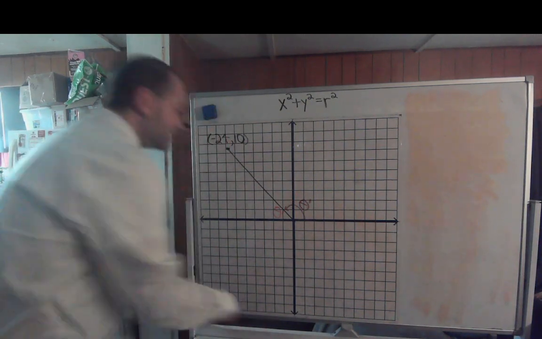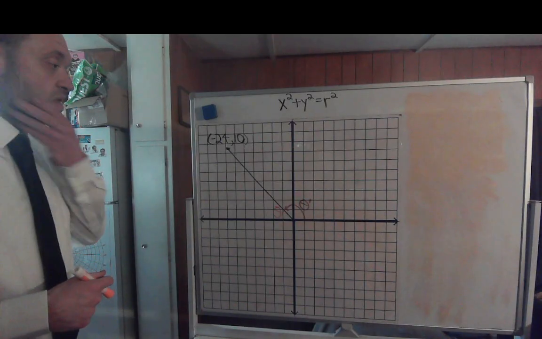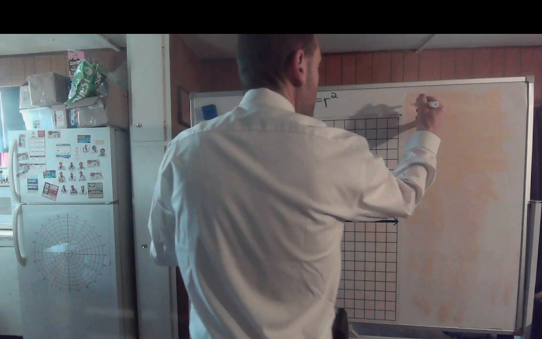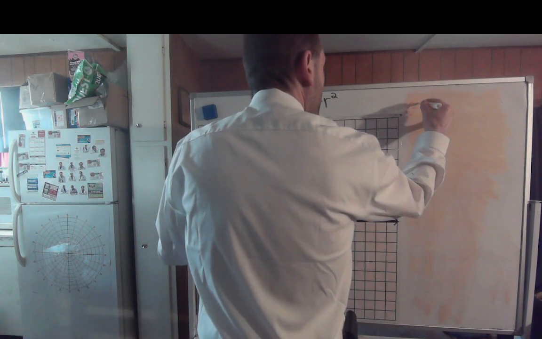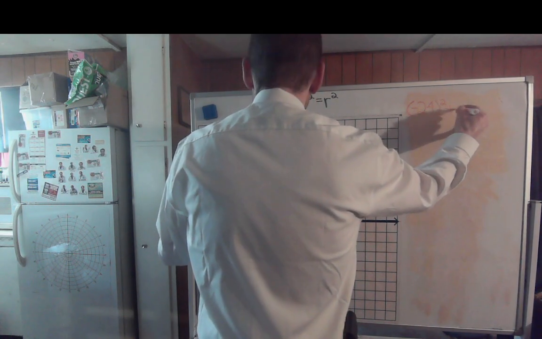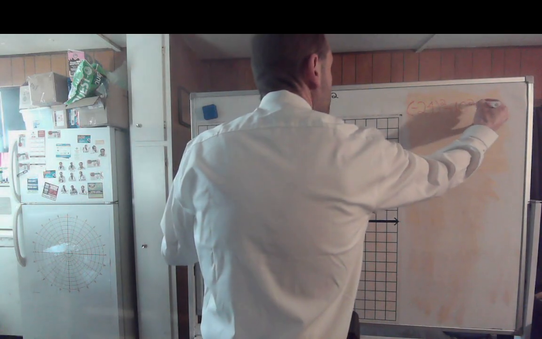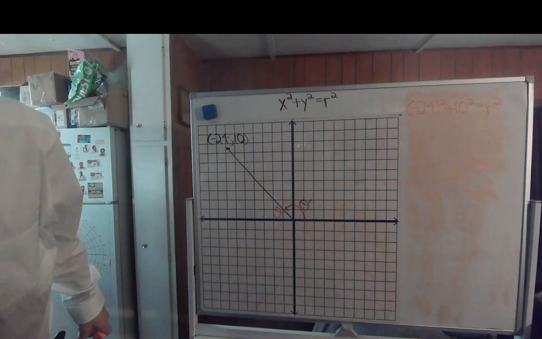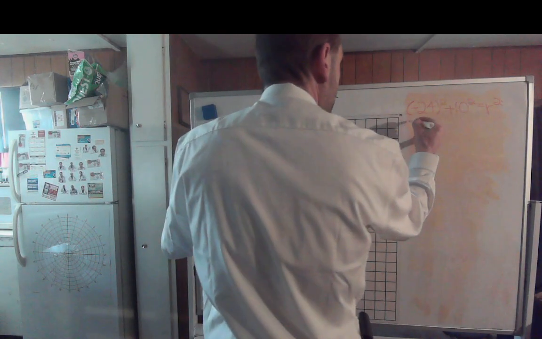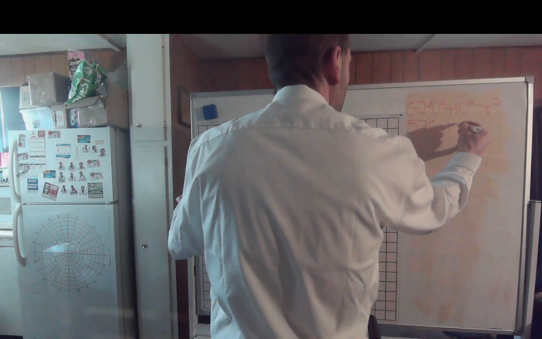Alright, next thing we need to do then is find our radius. So we will take that negative 24 to the second power plus that 10 to the second power, set that equal to our r squared. So then you'll end up getting positive 576 plus 100 equals r squared.